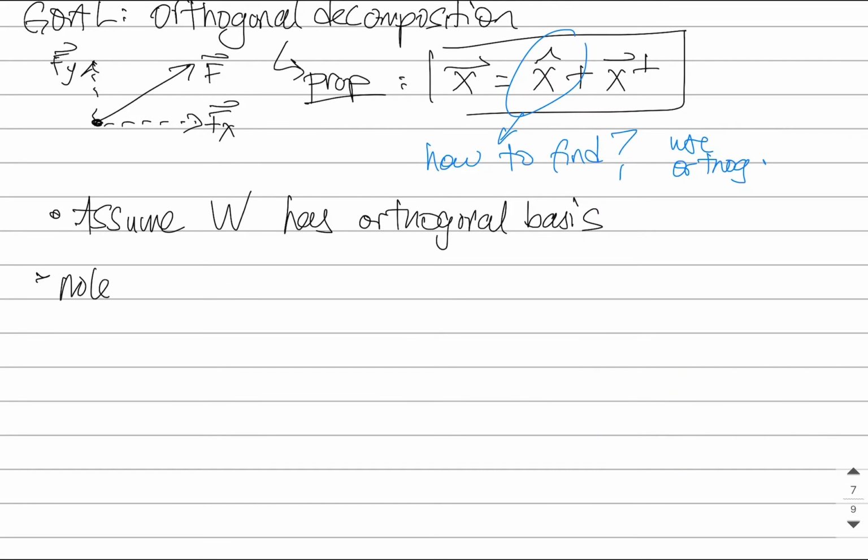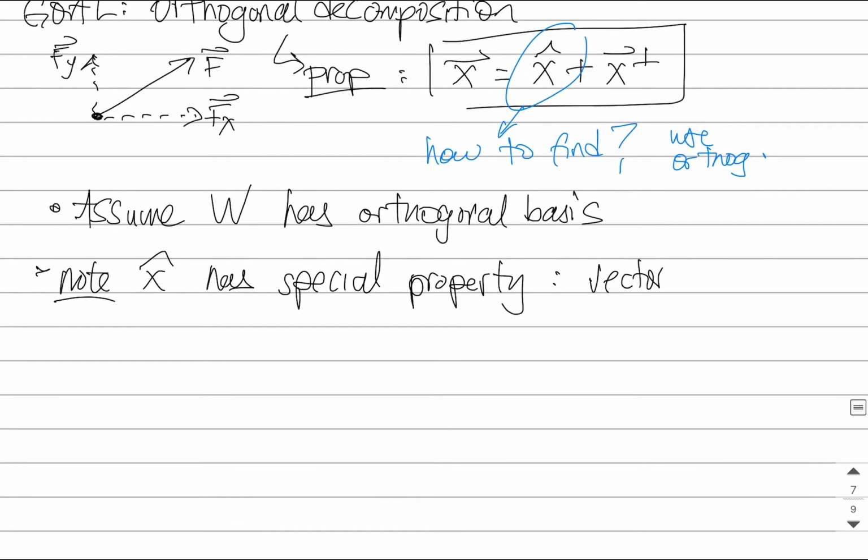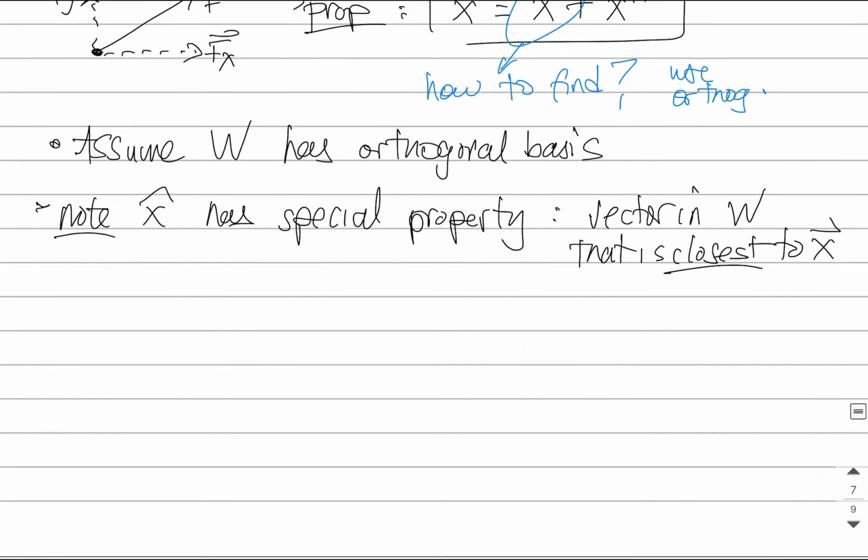Now, note, this vector x hat has a special property. And that property here is that it's the vector in our subspace that is closest to x. To try to illustrate that, I'm going to go back to this picture with the plane here.